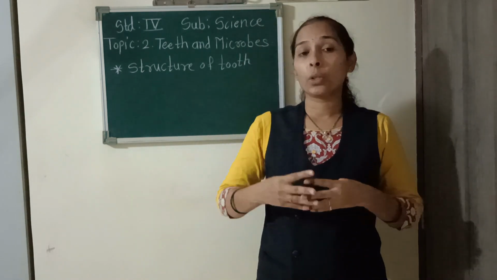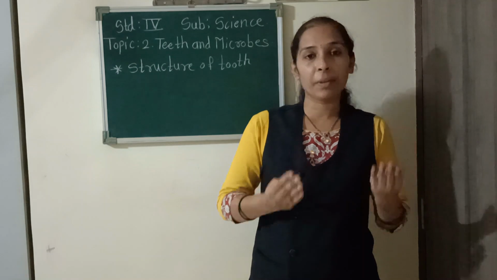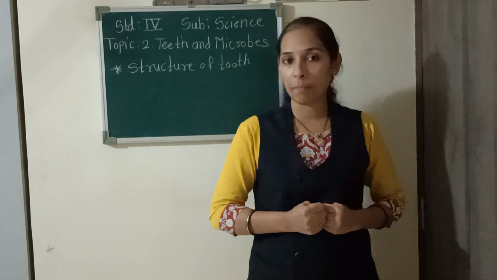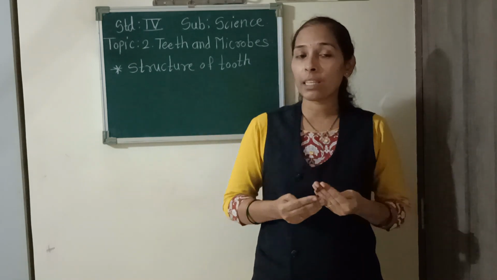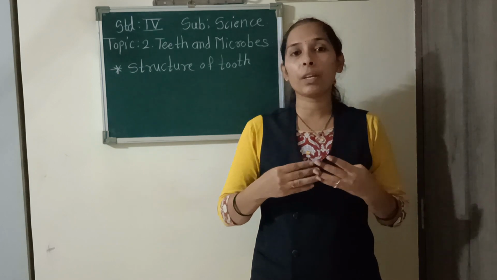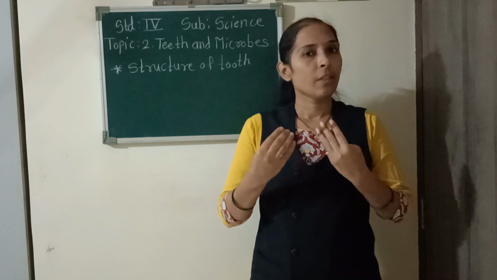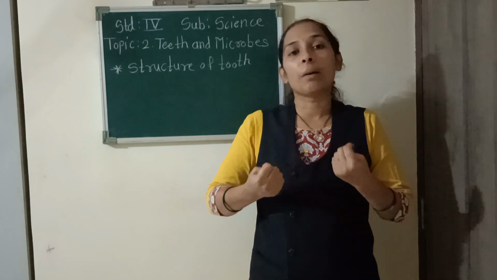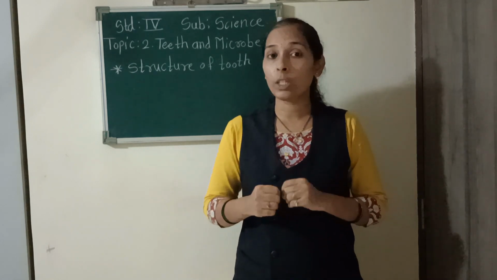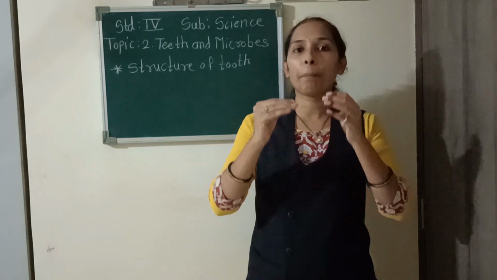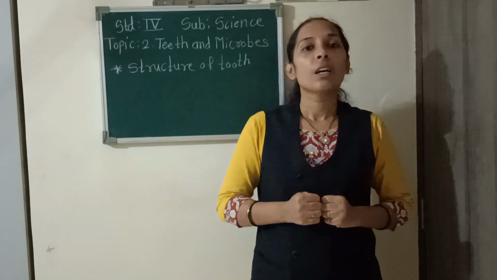My dear students, whenever you are getting ready to go somewhere or to come to school, obviously you stand in front of the mirror. Most of the time we open up our mouth and look inside. Then what can we see? We can see a number of teeth present in our mouth, and the teeth are fixed into the gums.